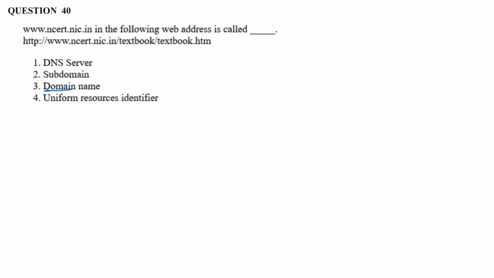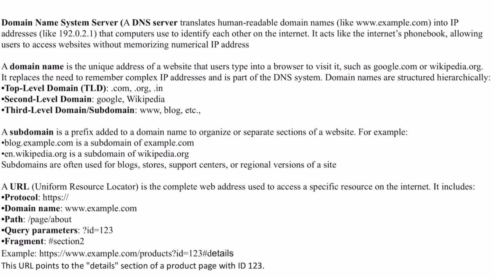Option 3 is correct. Some more points: domain name is the unique address of a website that users type into the browser to visit it. Top level domain name, second level domain name, third level domain name or subdomain. Domain name system server, a DNS server translates human readable domain names into IP addresses.